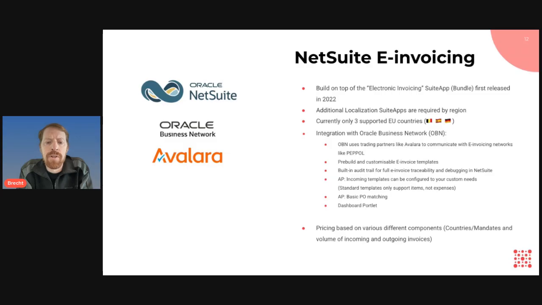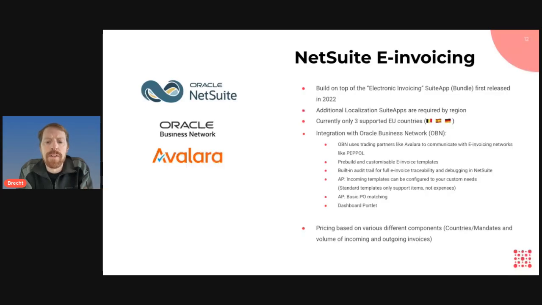And they opted to integrate with an Oracle product, the Oracle Business Network. So they will deliver all their documents to the Oracle Business Network, and then within that platform leverage the various trading partners to transmit these e-invoices to the correct tax, government and other systems. It all comes with pre-built templates as well, with all the data.